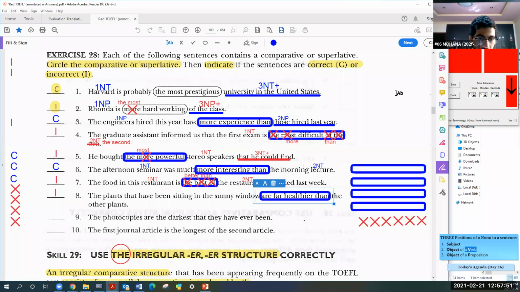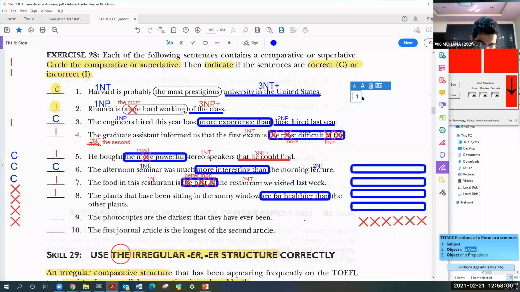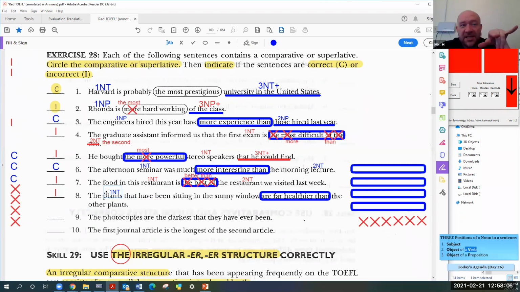Yeah. Why do you choose the comparative? Because the other plants, I think it's more than 3. The plants, this is a group, right? The plants that have been sitting in the sunny window are far healthier than the other plants.